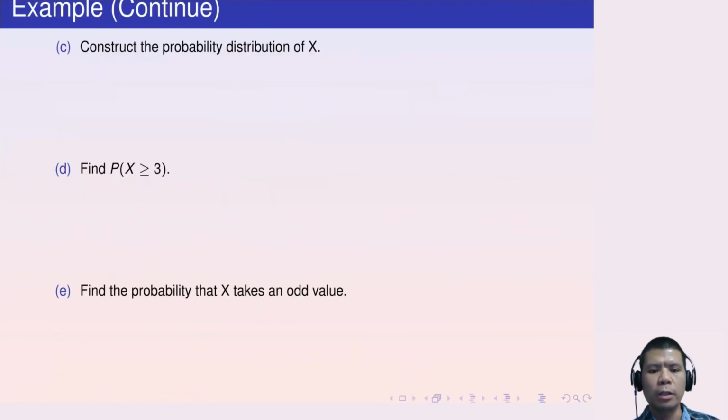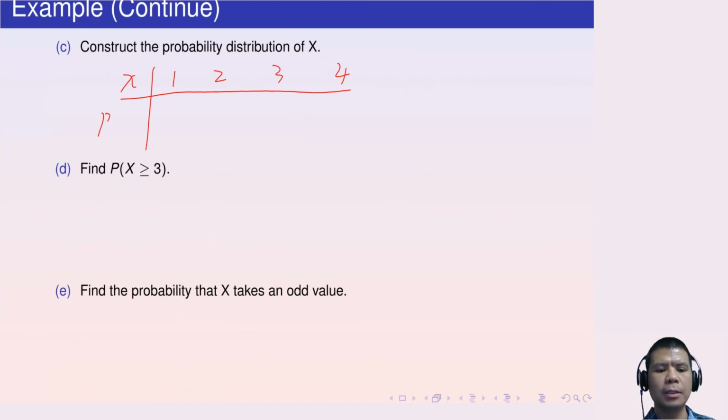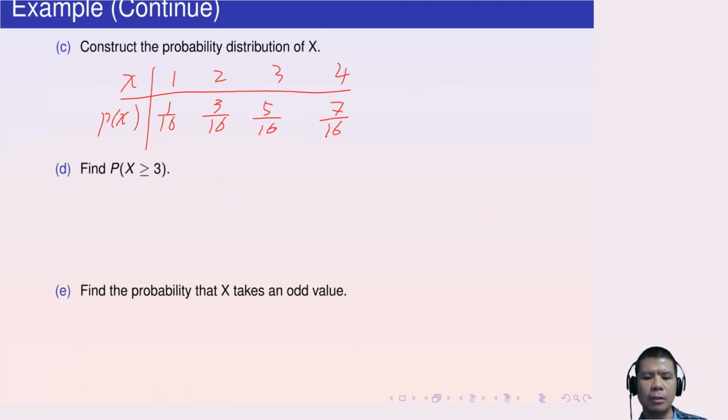Then we want to construct the probability distribution. X can be 1, 2, 3, 4, and P of X is 1 over 16, 3 over 16, 5 over 16, and 7 over 16.